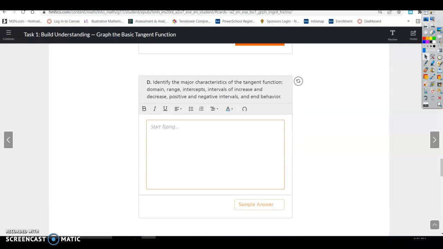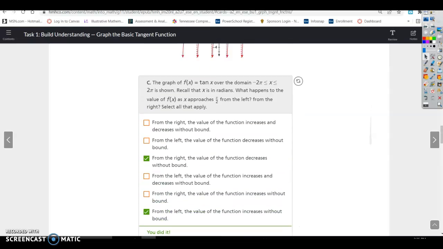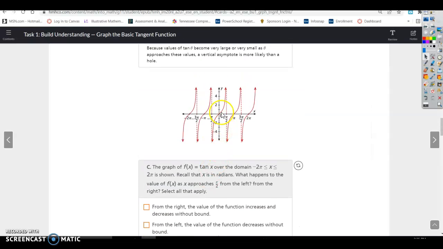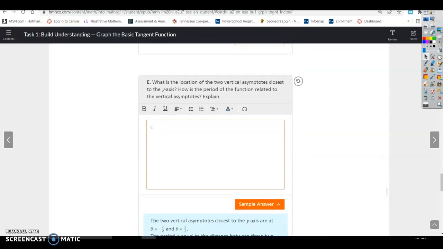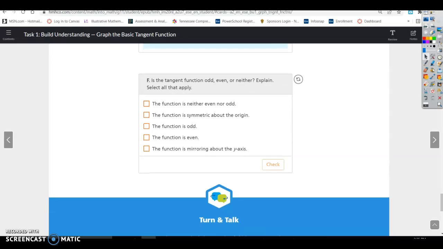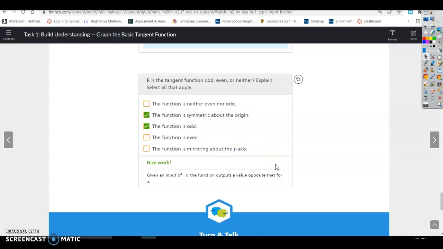So if we go up here and look at the graph again, we can see that it does mirror about the origin, which means this would be an odd function. And that also tells us it was symmetric about the origin. All right, that is all for task 1. If you have any questions, please let me know.